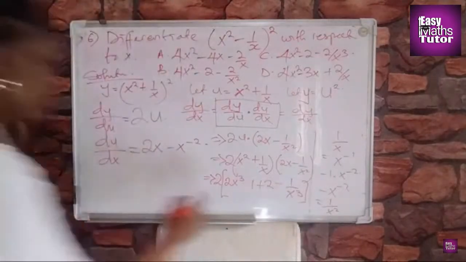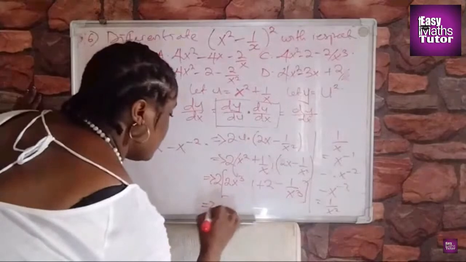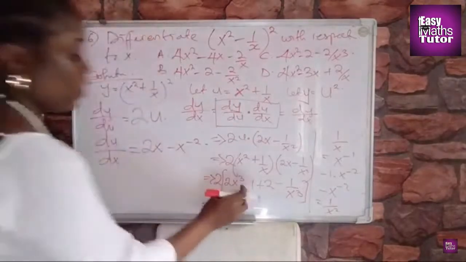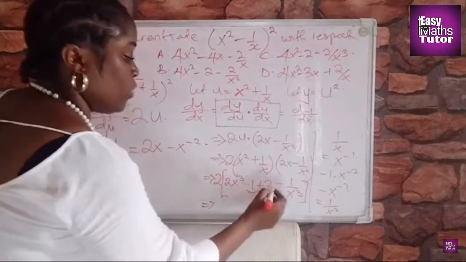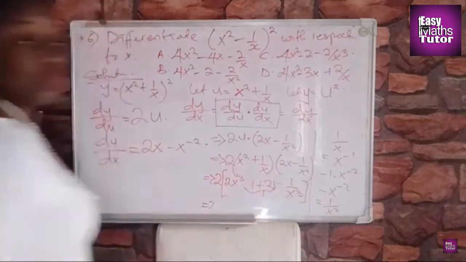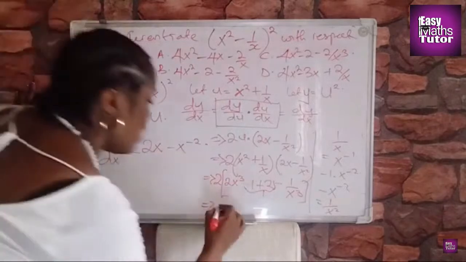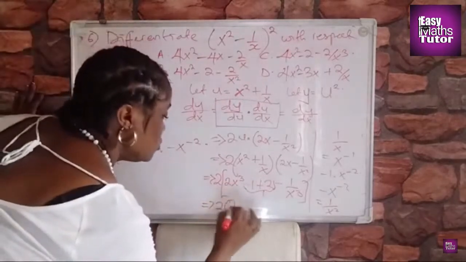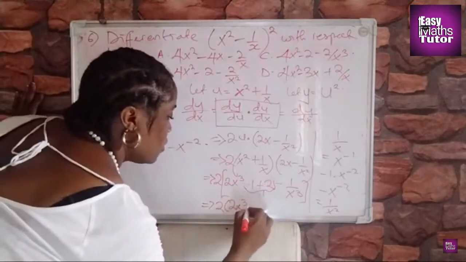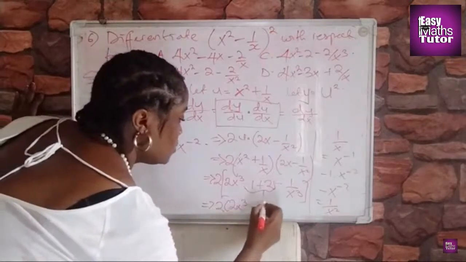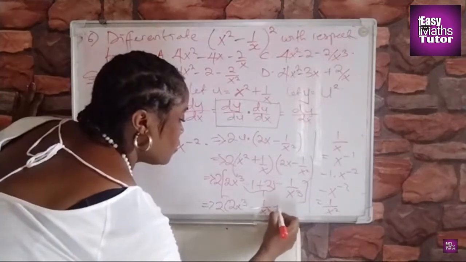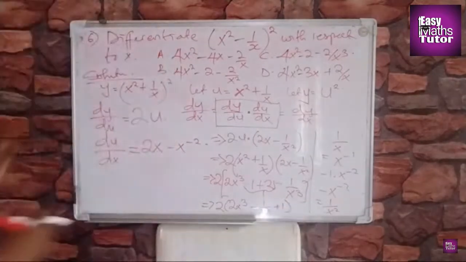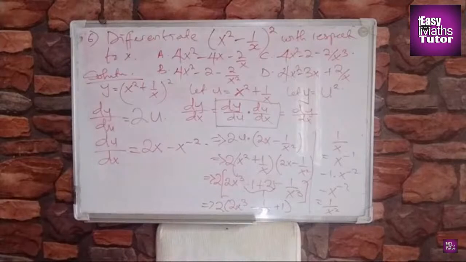All right? So if I expand this, first of all, 2 minus 1 will give us 1. So we'll have 2x cubed minus 1 over x cubed plus 1.